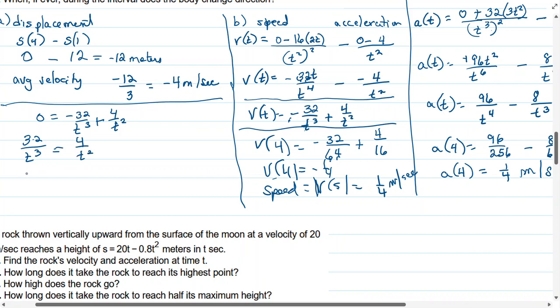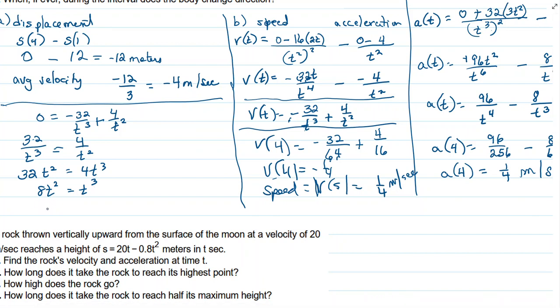Let's multiply. Divide by t. I'm going to divide by 4 first. And then I'm going to divide by t squared. Oh, at t equals 8 seconds, it changes direction. That must be where the asymptote would be.